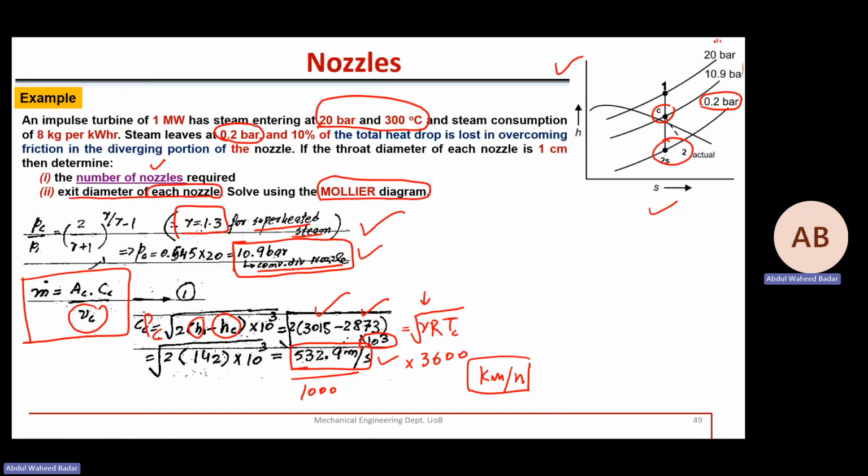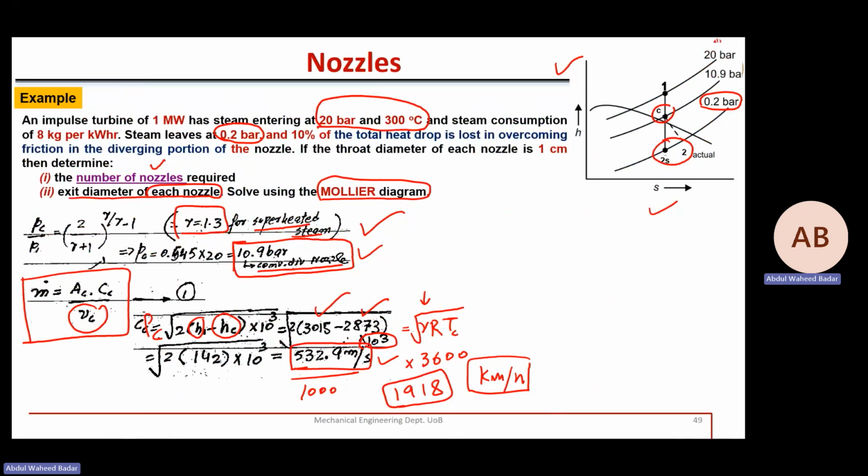So let's see how much it is. 532.9 multiplied by 3,600 divided by 1,000 is 1918. Can you imagine the speed of that steam? You cannot even imagine. And that is only the sonic velocity for steam.